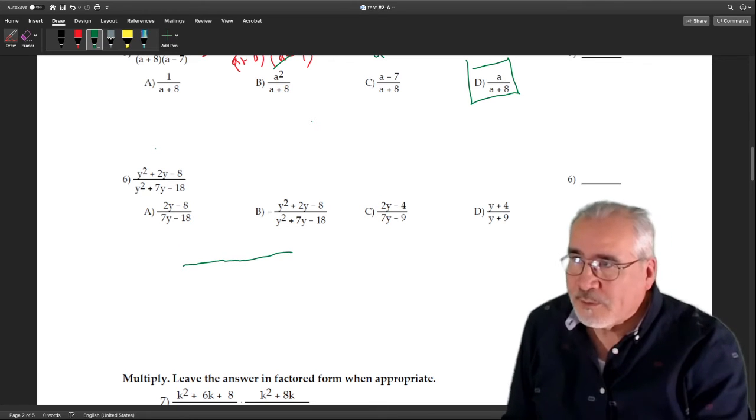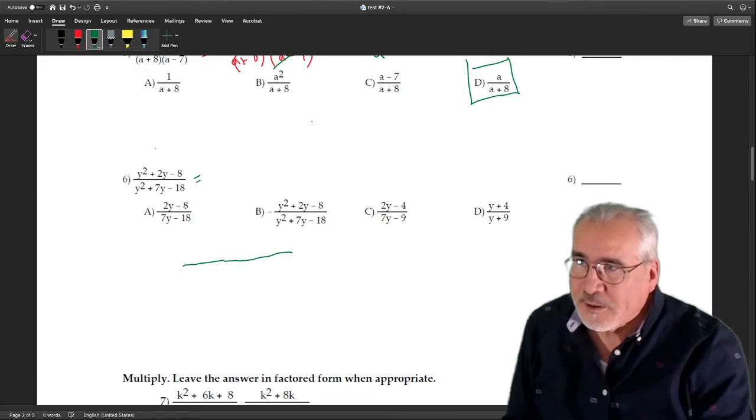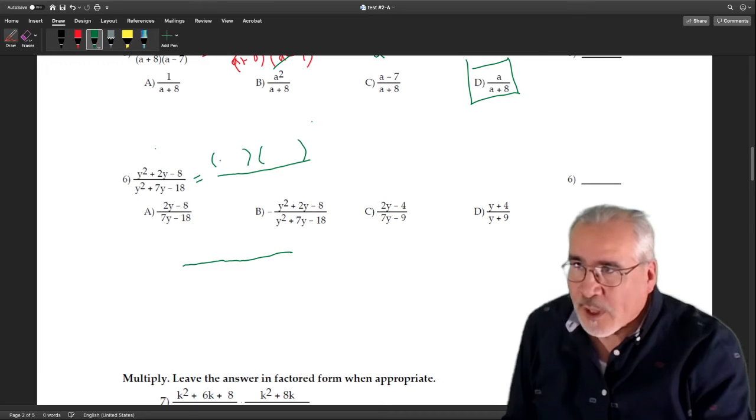So the numerator, they're both trinomials. Maybe I should go up here, since I do have room. So the numerator, remember how to factor. Y squared, so that's the first term, has to be y times y. So I put that in there.